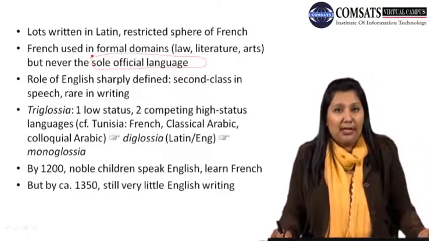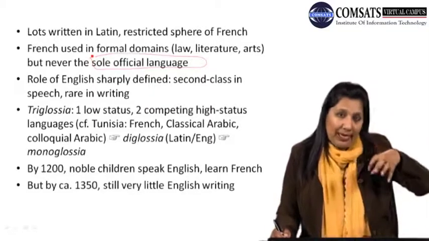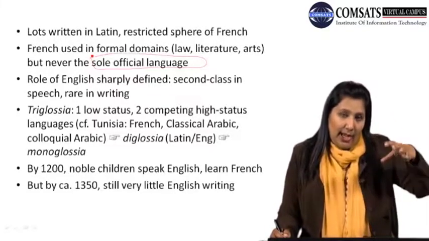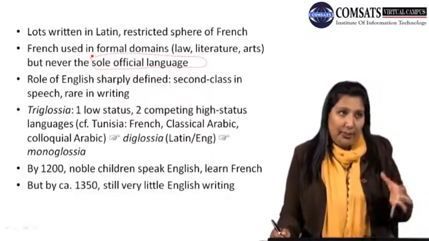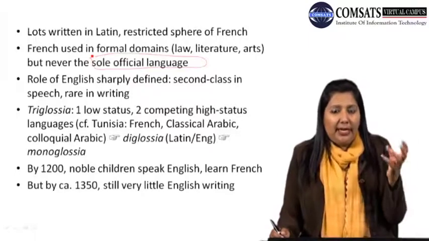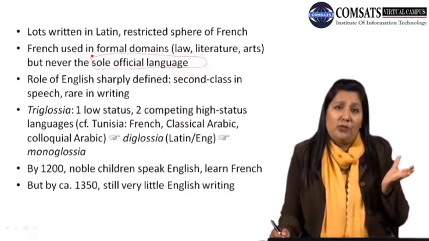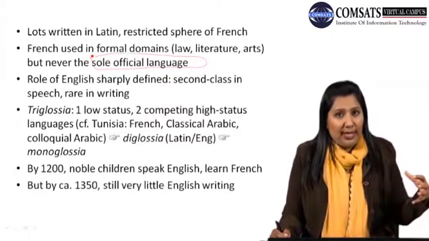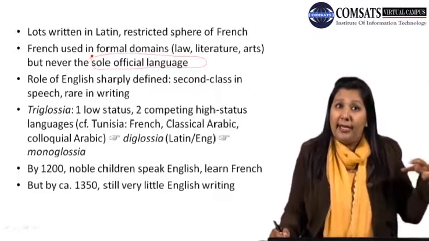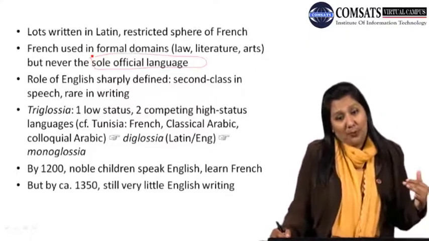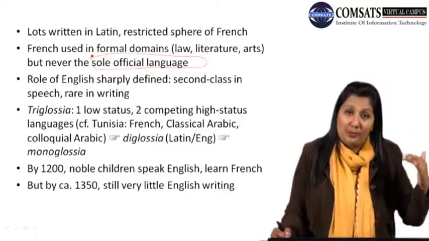Sole official language. Why and how is this phrase important? Because there was not one language existing at that time. We are saying that there was Latin, there was English, there was French, but it did not mean that English is going to vanish somewhere, or Latin is going to vanish somewhere, and French was there alone. No, this was not the case. French was there and it was accepted, it was spoken. English was there, it was accepted, it was spoken, and Latin again was there, it was accepted and spoken.